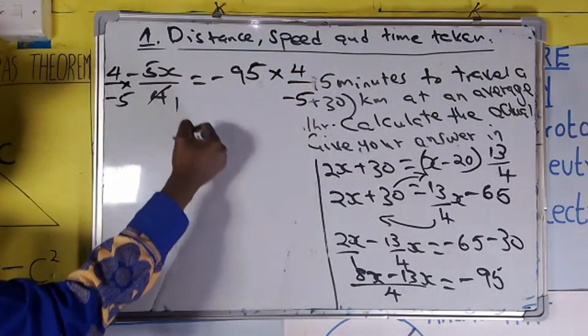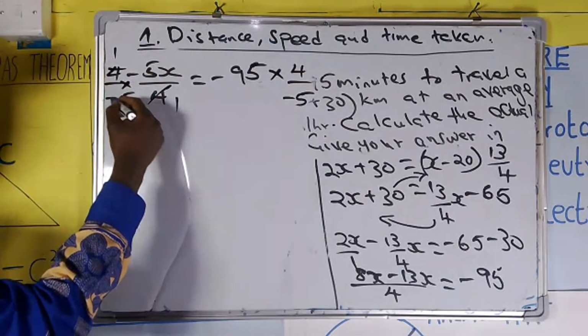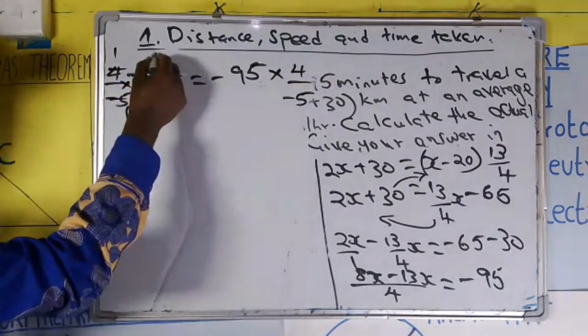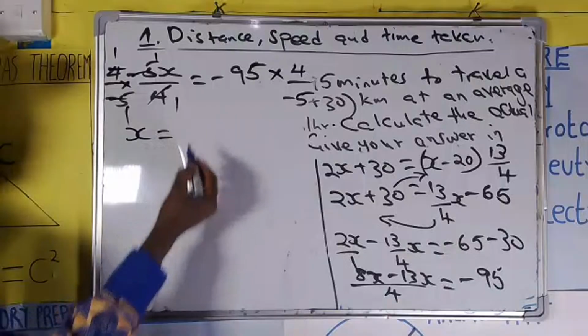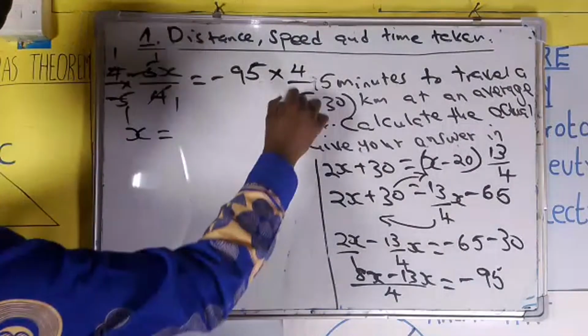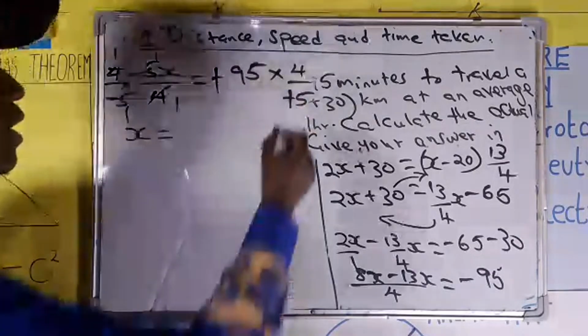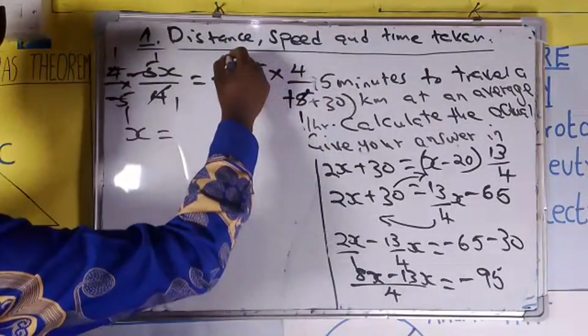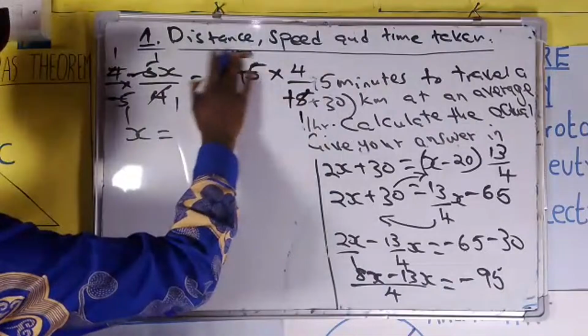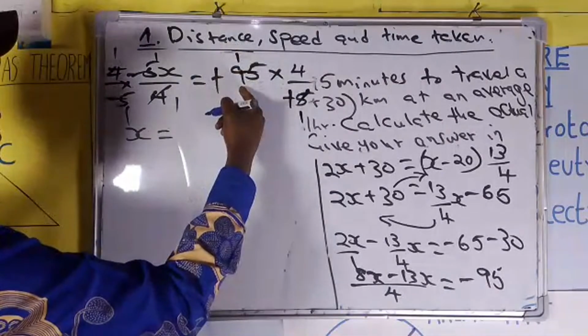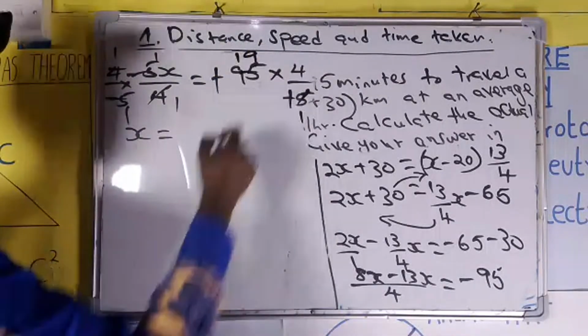Once we do that, this will simplify by 4 1, by 4 1, by negative 5 1, by negative 5 1, and we will be left with h is equal to negative and negative will cancel. 95 divided by 5, it will be 19.